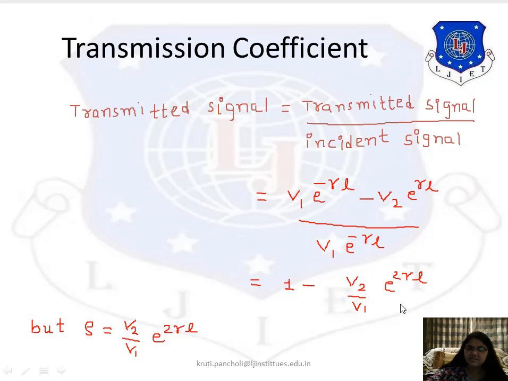It is the reflection coefficient, and the transmission coefficient is denoted by tau. So we are just putting the value over here. Or if somebody has given the reflection coefficient value and you want to find the transmission coefficient, then the transmission coefficient is always 1 minus the reflection coefficient.